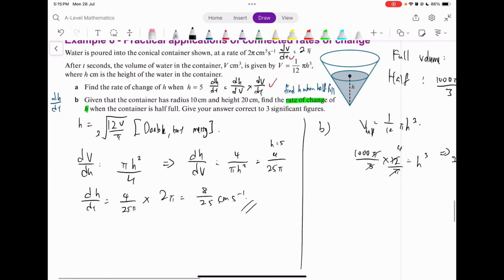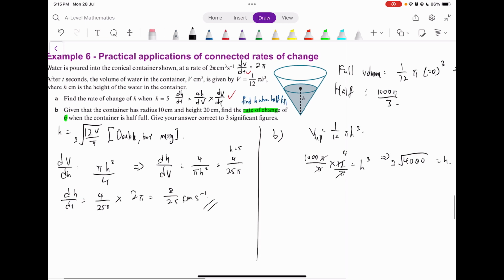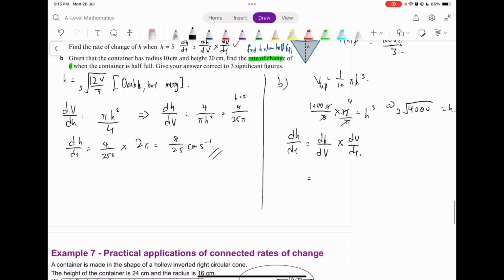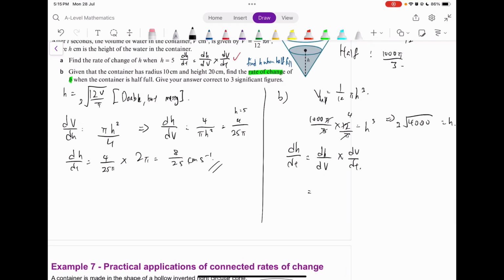Now, since we have to find dh over dt, all I need to do is put it back into the chain rule equation, but with a different value of h. So our dV over dt is still the same. It's just that dh over dV uses the cube root of 4,000. That makes dh over dV equal 4 over pi times the cube root of 4,000 squared.